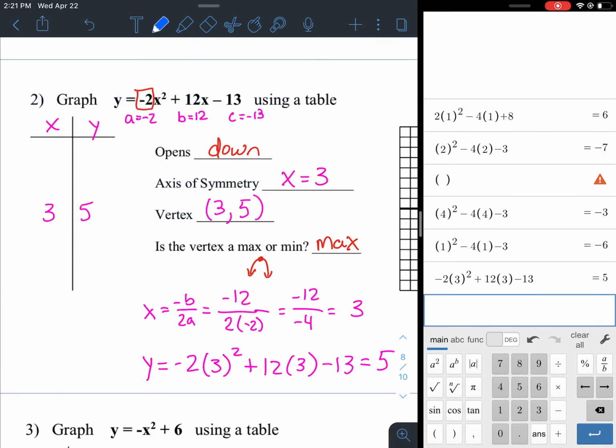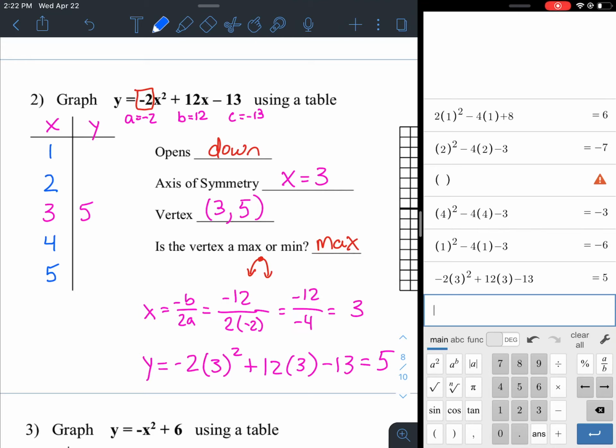So I think about my number line. If I'm thinking about the number 3, the next number to the left of it is 2. The number to the left of that is 1. When I think about to the right of 3, it's 4 and it's 5. From here, I'm going to pick the two easiest numbers to work with, which in my opinion are going to be the 1 and the 2.